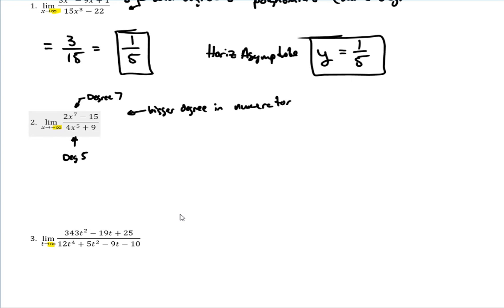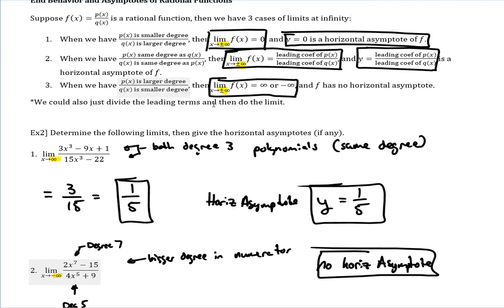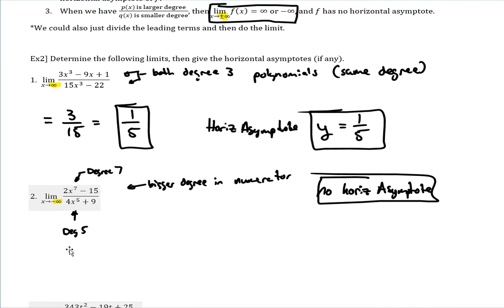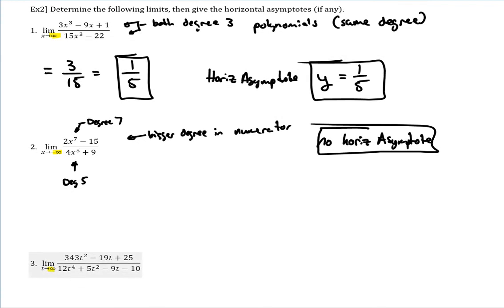So by rule, that means there is no horizontal asymptote. So that's our rule 3 here. So the larger degree up top means we have no horizontal asymptote. However, we should still be able to get an answer to our limit.